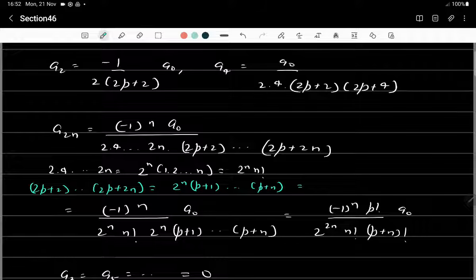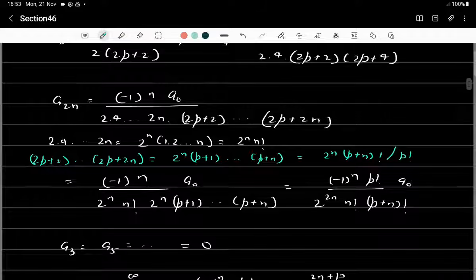Now if I multiply and divide by p factorial, then it becomes 2 raised to the power n, (p+n) factorial divided by p factorial. So this becomes (p+n) factorial divided by p factorial. Now substitute all these values.